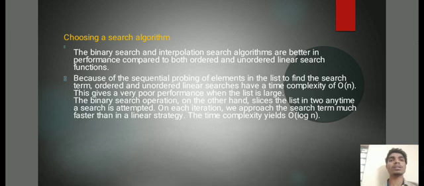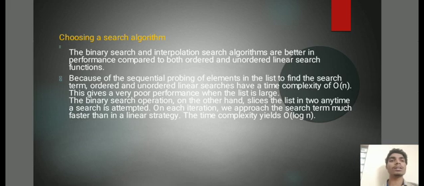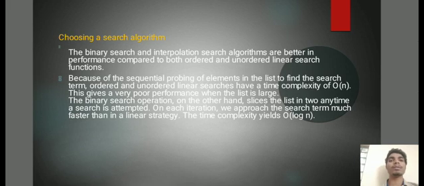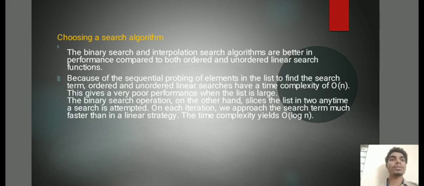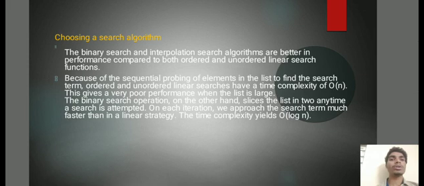Choosing a search algorithm. The binary search and interpolation search algorithms are better in performance compared to both ordered and unordered linear search functions. Because of the sequential probing of elements in the list to find the search term, ordered and unordered linear searches have a time complexity of big O(n).